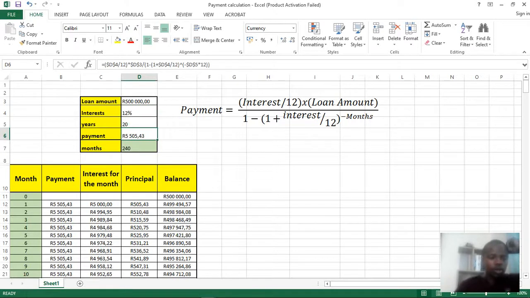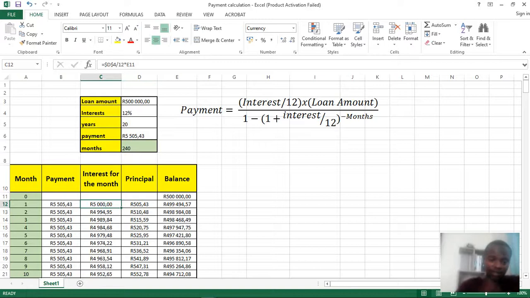In month 0, before you start paying, you owe 500,000. Once you've paid your first installment of 5,500 rand, the interest for the month is 5,000. So of the 5,500 rand you're paying, 5,000 is just interest, what they're taking.